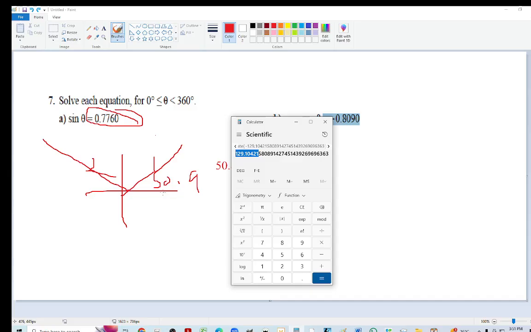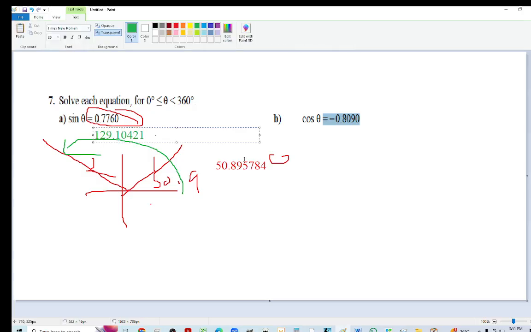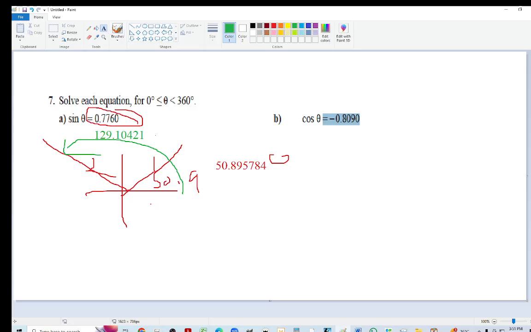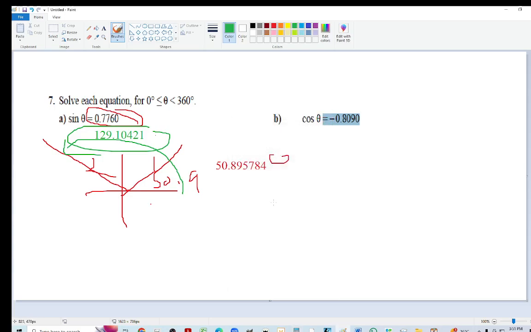So really, this angle, starting from here all the way to there, that full green angle is 129.14. And you can be sure of that: if you were to punch this into your calculator and press sine, you will get 0.7760. See? So that's how you figure it out.